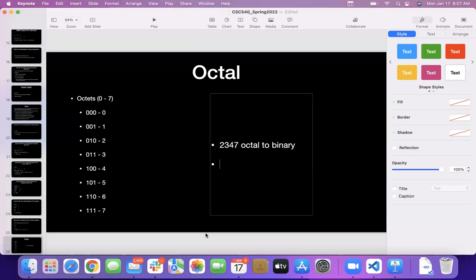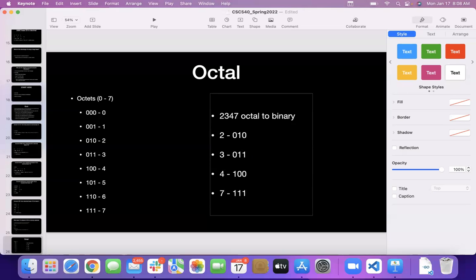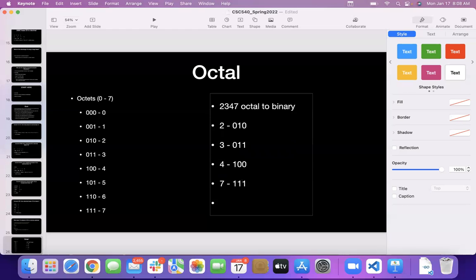So that means we can say, what is a 2? A 2 is 010. What is a 3? A 3 is 011. What is a 4? A 4 is 100. What is a 7? A 7 is 111. So the binary version of this is 010 011 100 111.